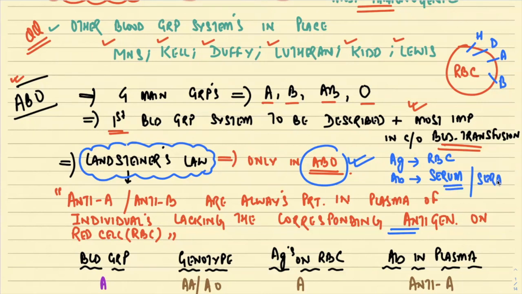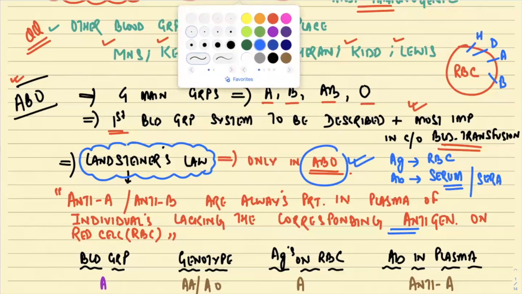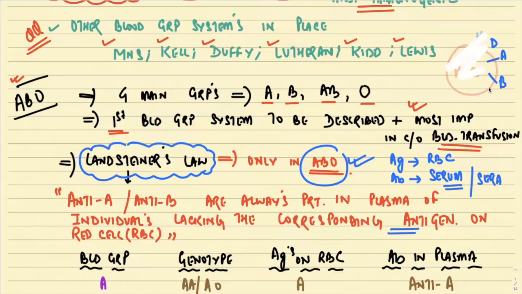According to the Landsteiner law, what does it tell us? Let us try to understand. If this is an RBC, and the surface of the RBC contains an antigen called the A antigen, what is going to happen?